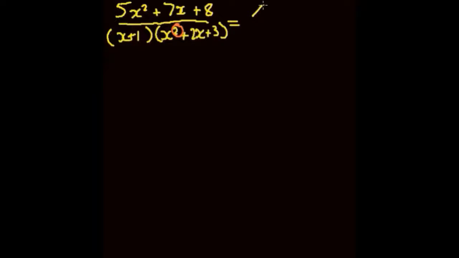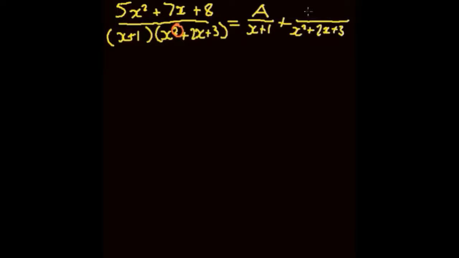So the first part's going to be exactly the same as you've seen before, A over x plus 1, but in the second one we have to do an order lower than the denominator. So if I write the denominator in first, we're going to have x squared plus 2x plus 3.